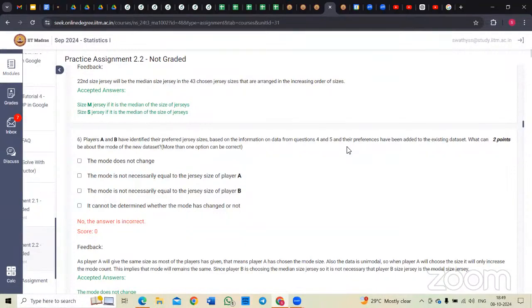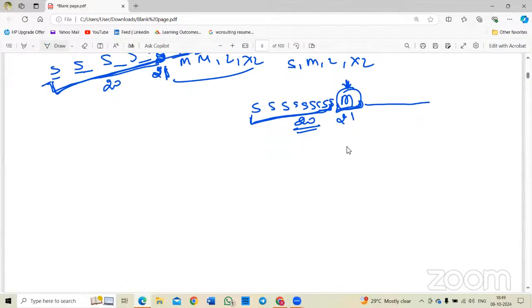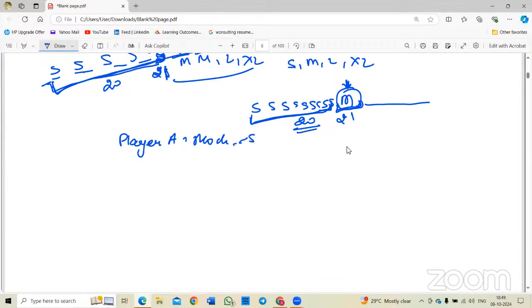Just consider it like this: if player A chooses the mode, the mode can be S or can be medium, right? So if I'm having a lot of data, like 45 data points, 43 players are there, right? That means I'm having 43 data points.